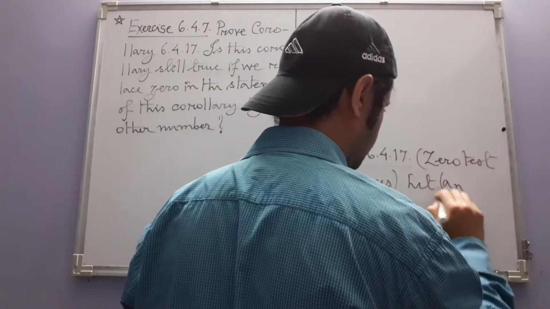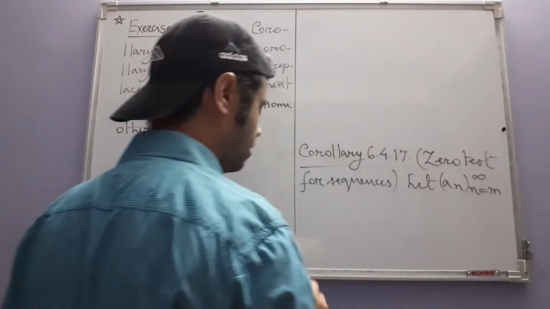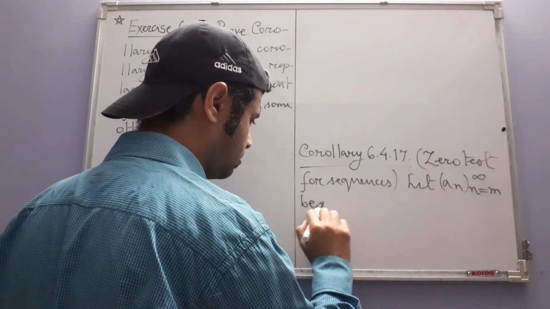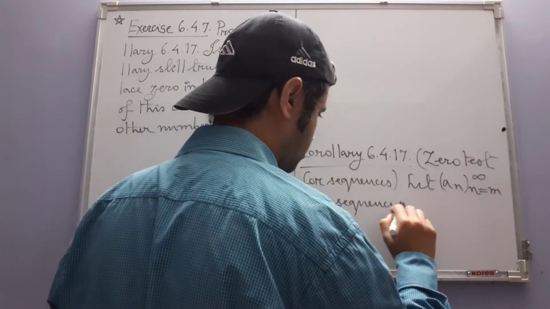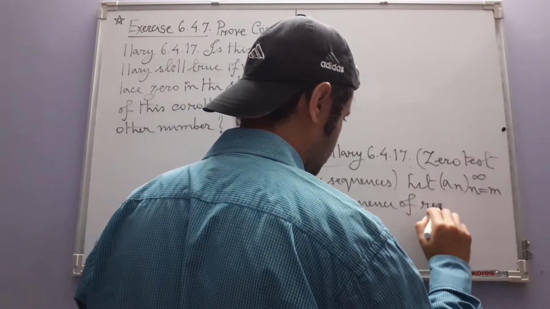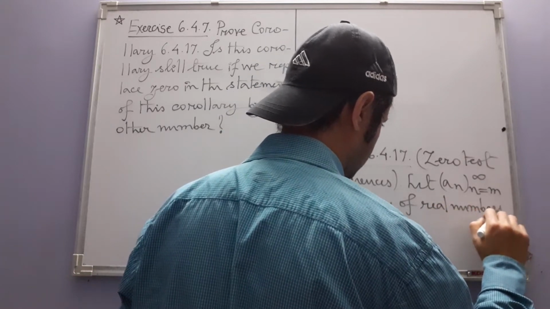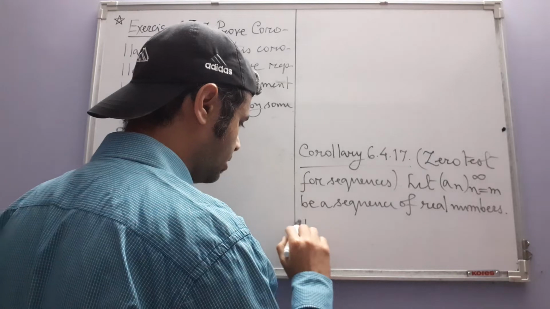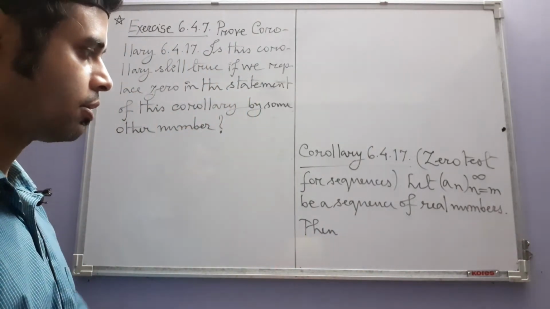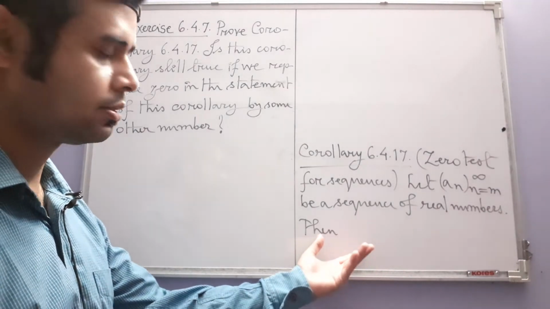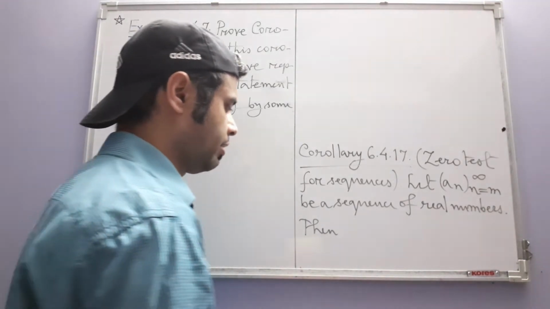Let a_n be a sequence of real numbers. Then we are, because our aim is not to write the exact statement but to just recall what it says, I am going to write like this.